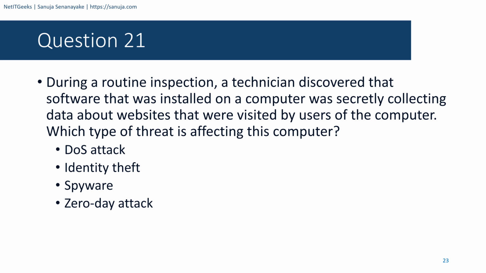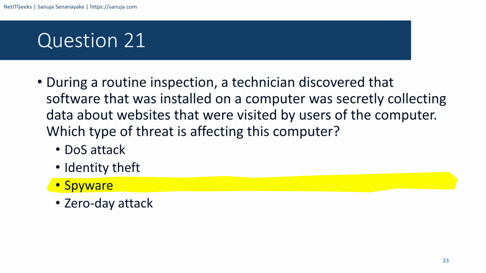Again, I have covered these threats and attacks in my previous lectures, and this should be an easy question. The answer is spyware, because it is spying on your user. DoS is basically denial of service. You have probably heard the term DDoS, which is distributed denial of service, using a botnet, for example.